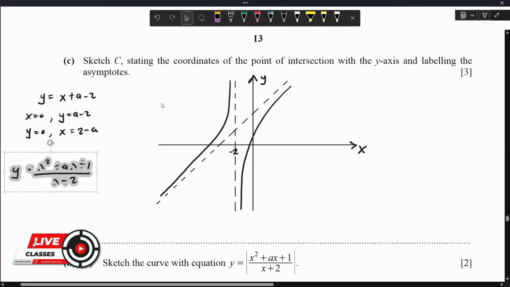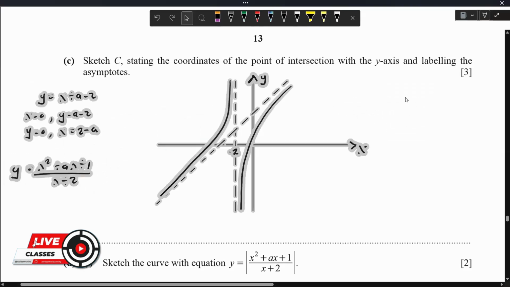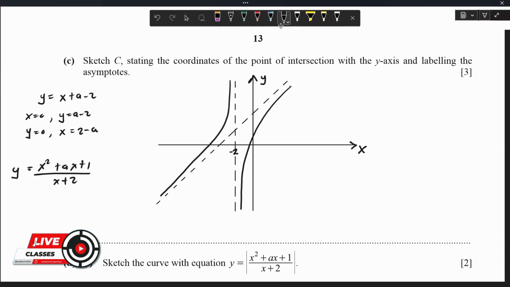For where it crosses the axis, let me just say when x is 0, y will be equal to a half. So it intercepts the y-axis at a half. So I've properly drawn it, and I think that actually helps. This is actually how the graph is going to be.